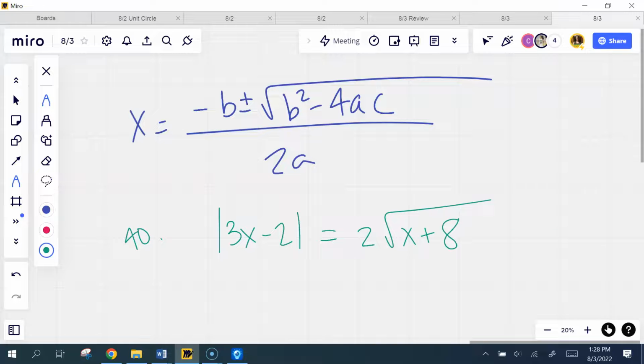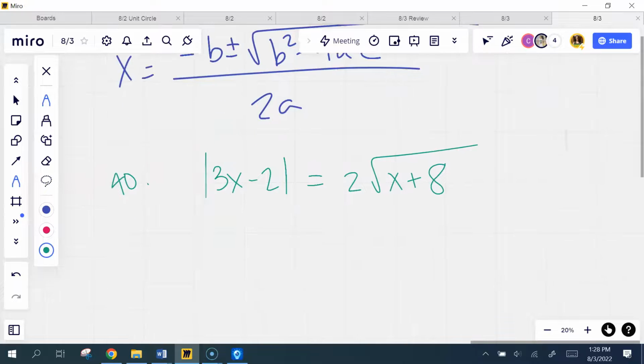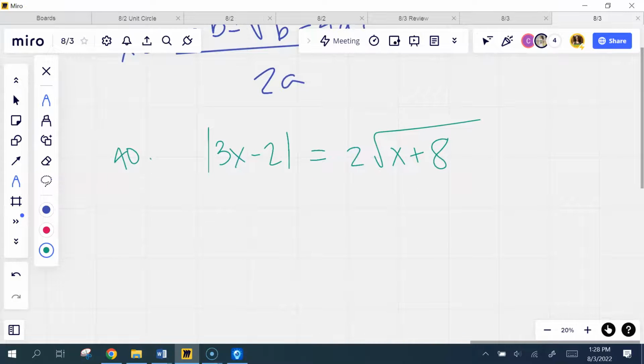How do you solve that? Any ideas, suggestions?